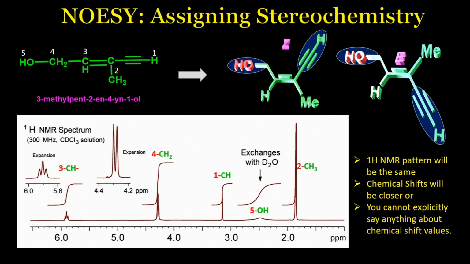As I have already explained, the chemical shift values will be close. You cannot explicitly say that this 1.9 ppm methyl signal belongs to the Z isomer or to the E isomer. We don't know the exact chemical shift value for the methyl of the Z or the E isomer. Therefore, we need 2D NMR techniques to distinguish them.